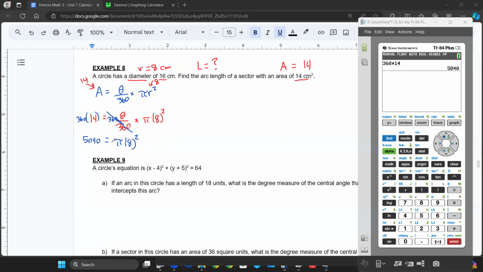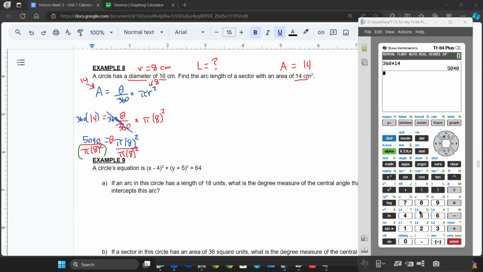Oops, I forgot the theta. So let me squeeze that in there. Divide that pi times 8 squared out so we can solve for theta. Make sure you're using parentheses if you're using this calculator. If you're on Desmos, Desmos will automatically put it in a fraction form, so you won't have to worry too much about it there. So let's key that in.